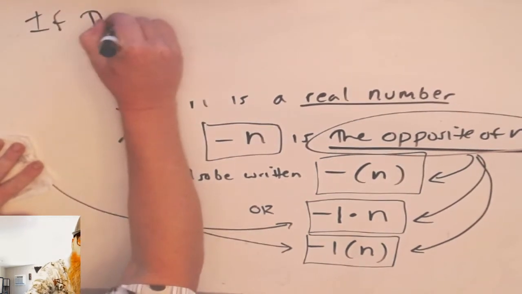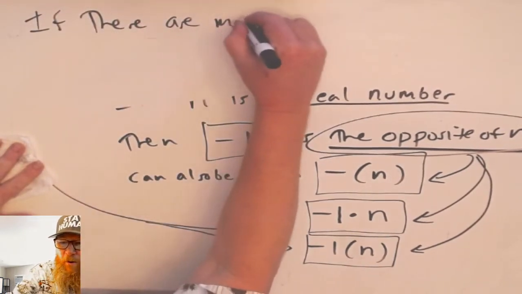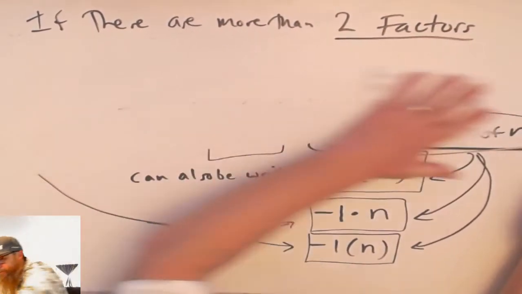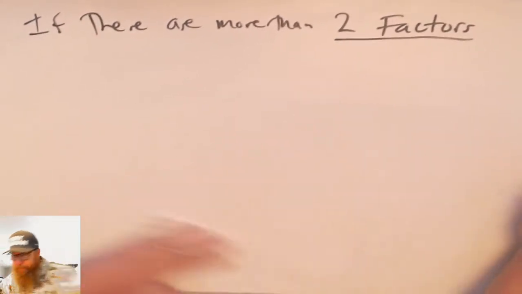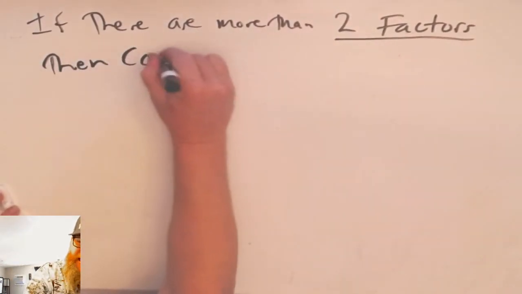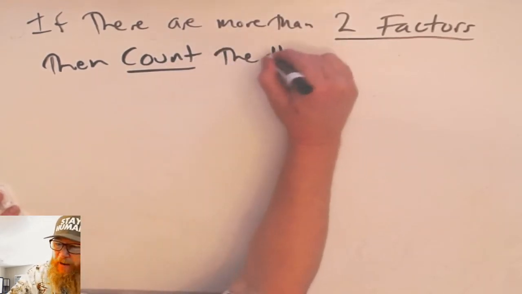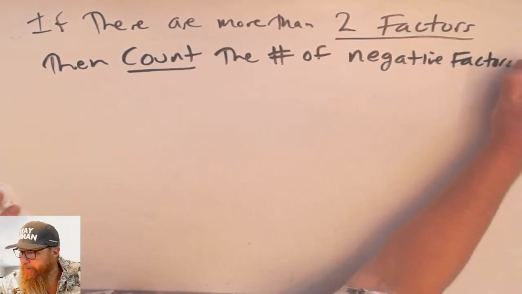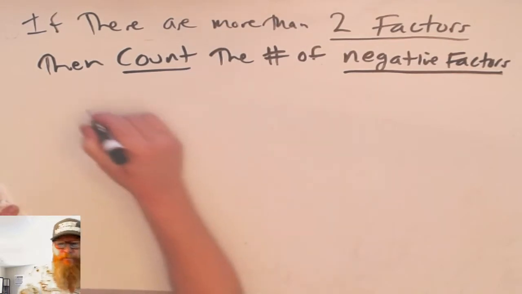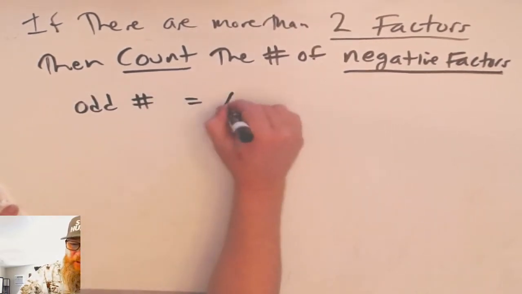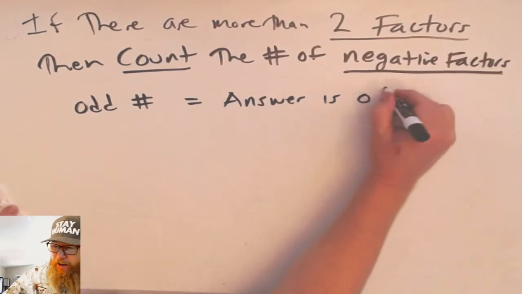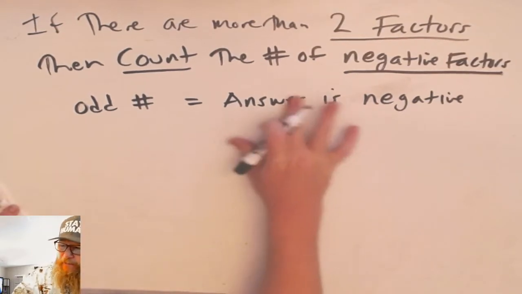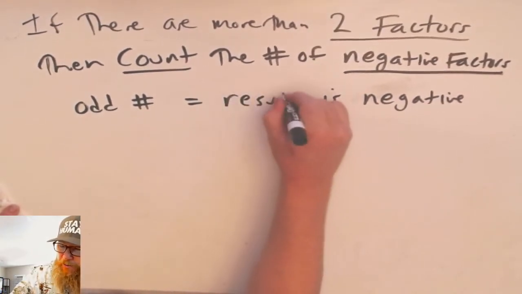If there are more than 2 factors, then count the number of negative factors. If there's an odd number, the answer is negative. I don't like to say answer. I like to say result.